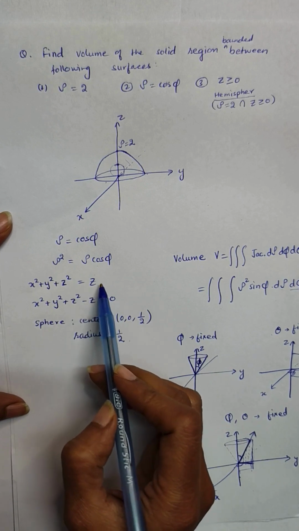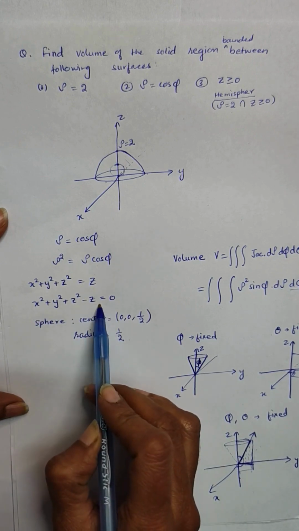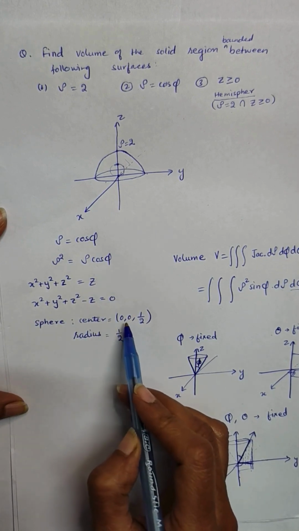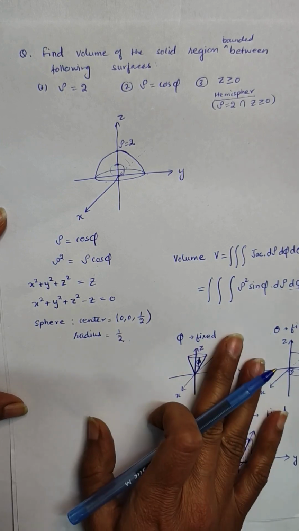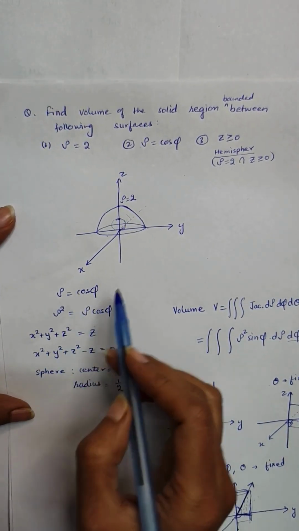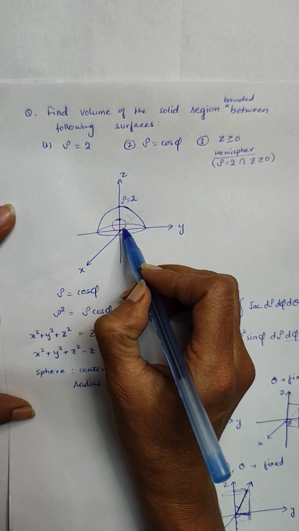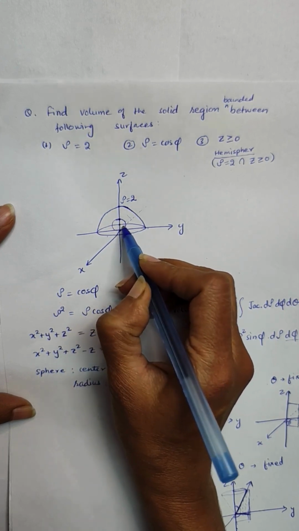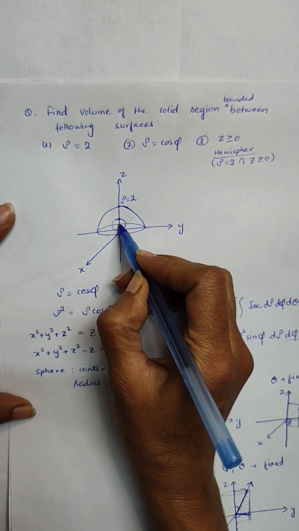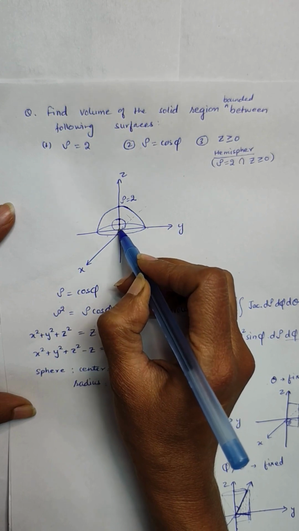Okay, now we bring z to the other side and we can see that this represents a sphere whose center is (0, 0, 1/2) and radius is 1/2. So basically this surface is this sphere whose center lies along the z-axis at (0, 0, 1/2), with the value of z being half, and the radius of this sphere is also half.